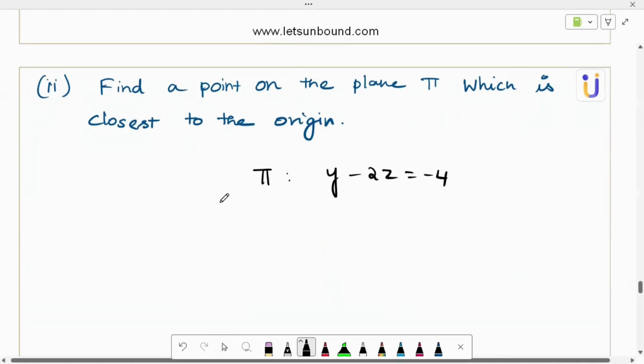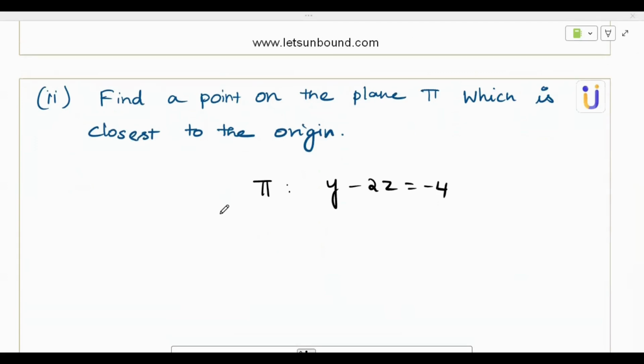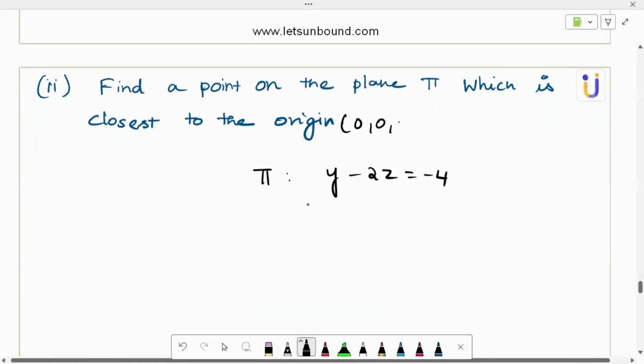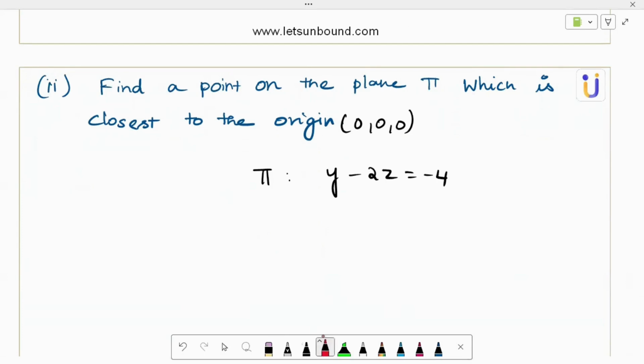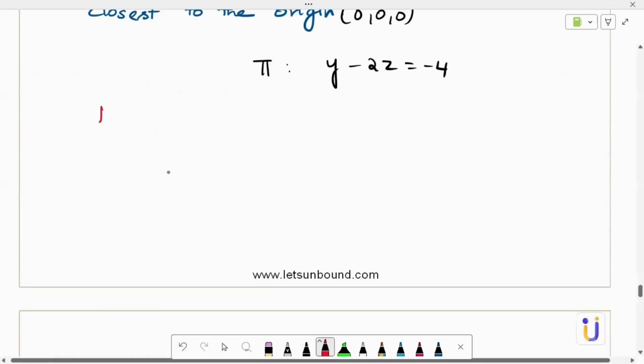This is my pi. I should find a point which will be closest to the origin, (0, 0, 0). This is the origin coordinate. Okay, let's go. Let PQR be the point on pi.